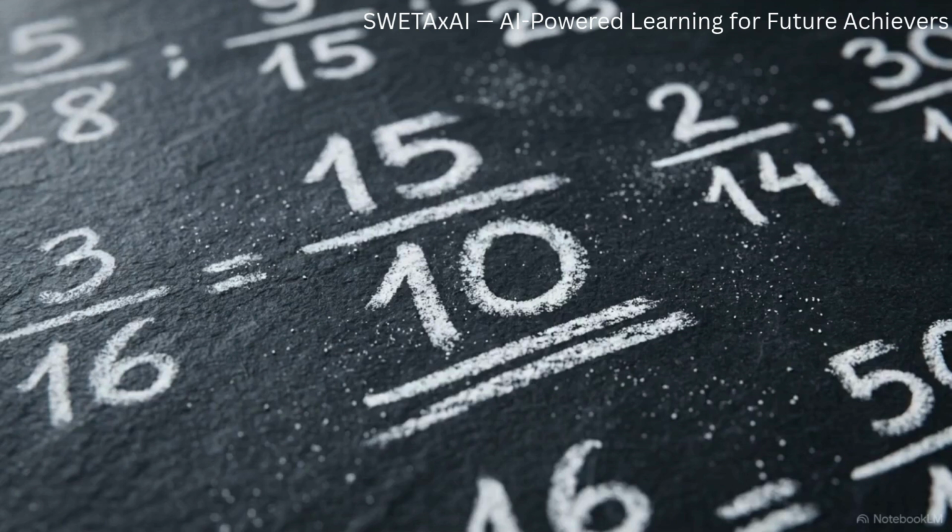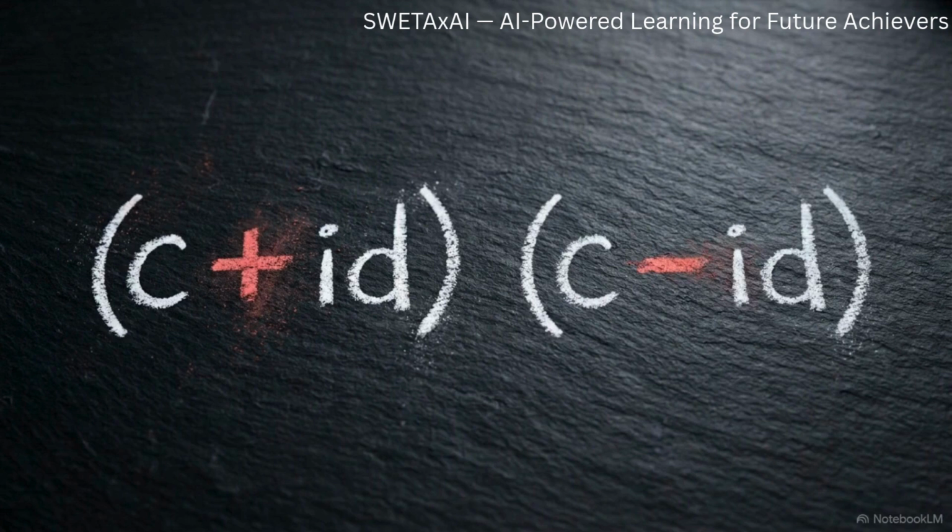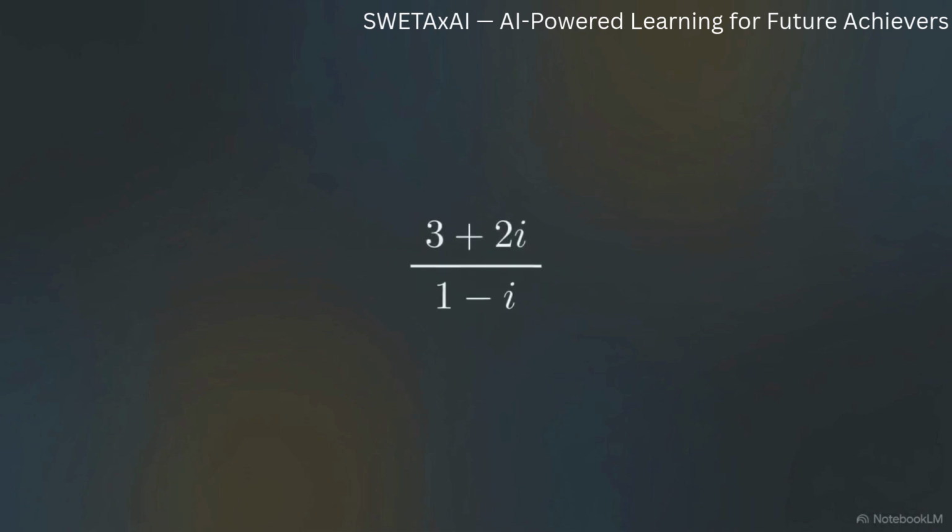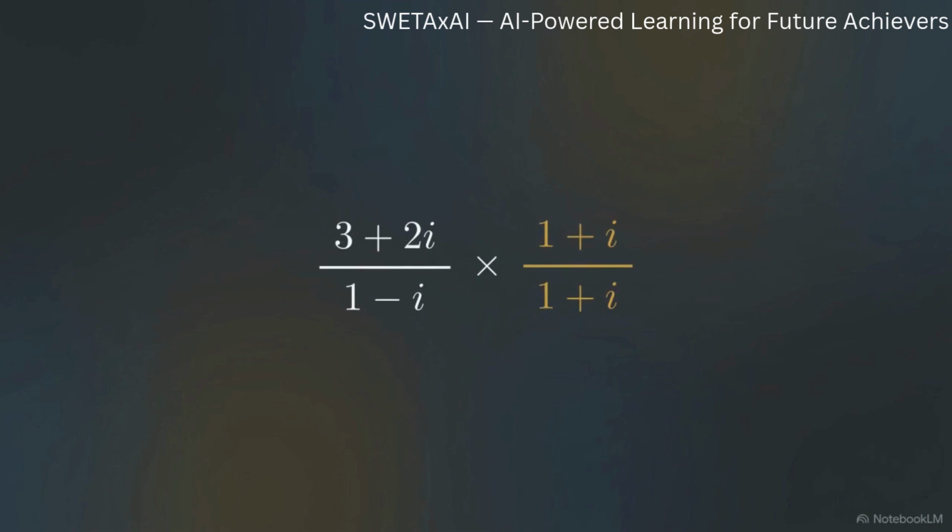Complex division is a structural process. The objective is to remove the imaginary unit from the denominator of the fraction. To do this, we multiply the expression by the complex conjugate of the denominator, using the difference of squares to eliminate the i. For 3 plus 2i divided by 1 minus i, we multiply both the numerator and denominator by the conjugate, 1 plus i.